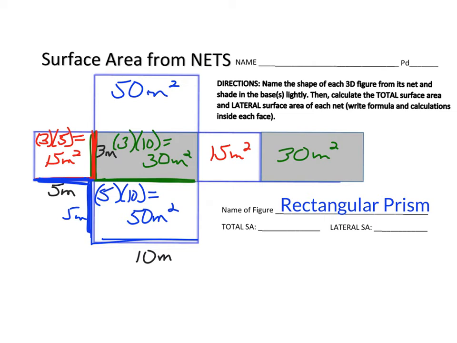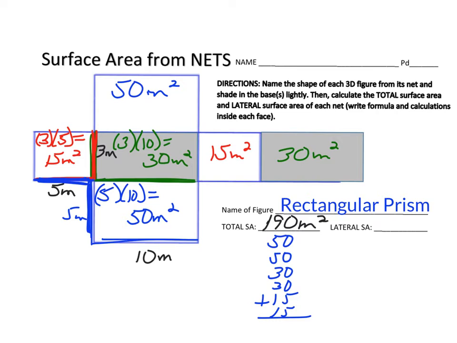Now the total surface area for one of our final answers means we're adding up all those sides. When you add them all up, you get your final answer of 190 square meters. Now, you're not done because now you're finding the lateral. Lateral means we just don't count the shaded regions, only the 4 other sides.